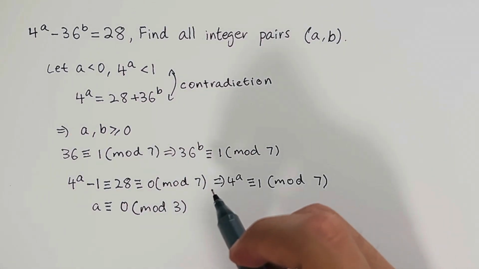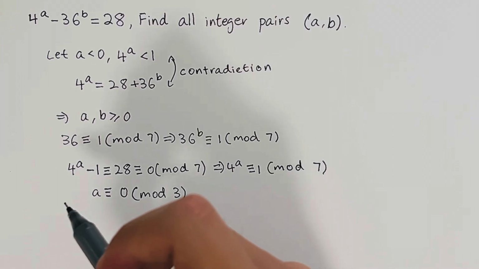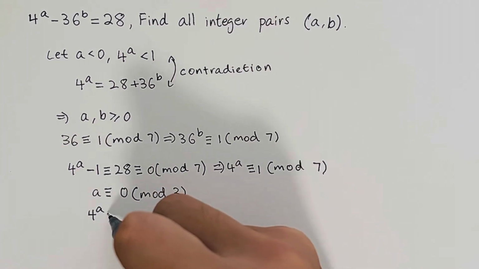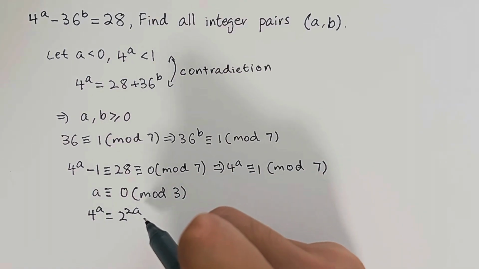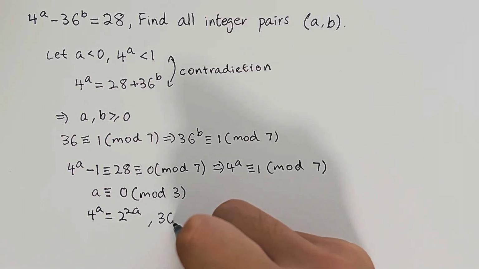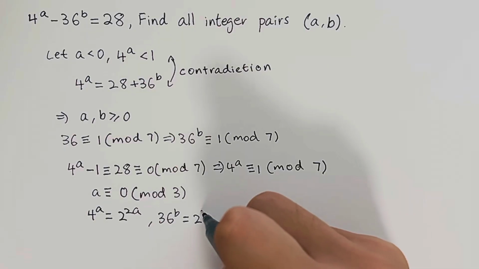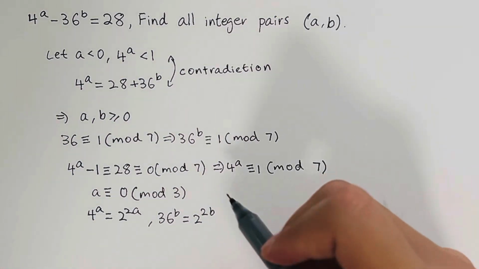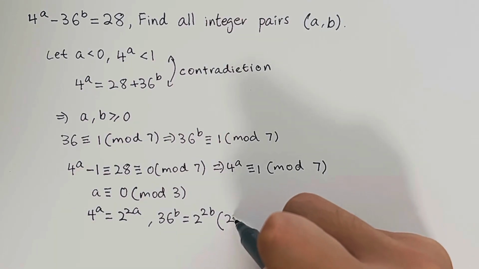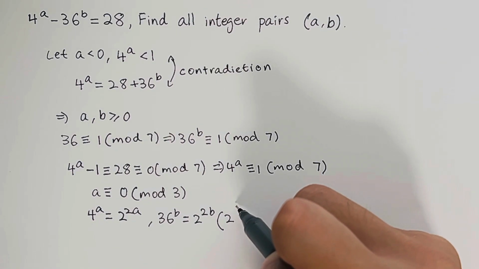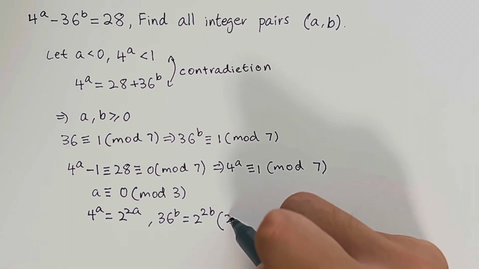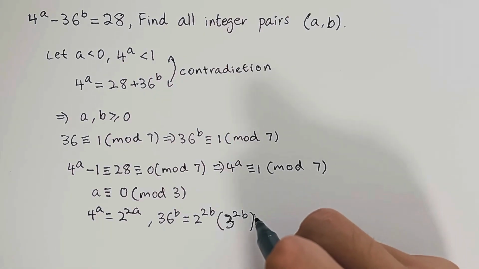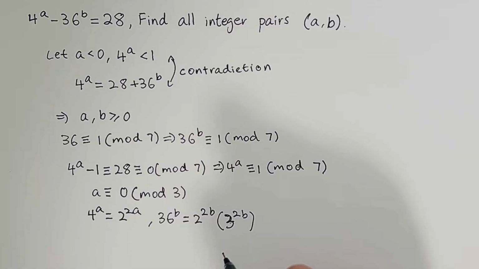So 4^a equals (2^2)^a, which is 2^(2a). And 36^b equals 2^(2b) times 9^b, because 36 is 4 times 9, which is 2^(2b) times 3^(2b). So then we can factor the left-hand side.